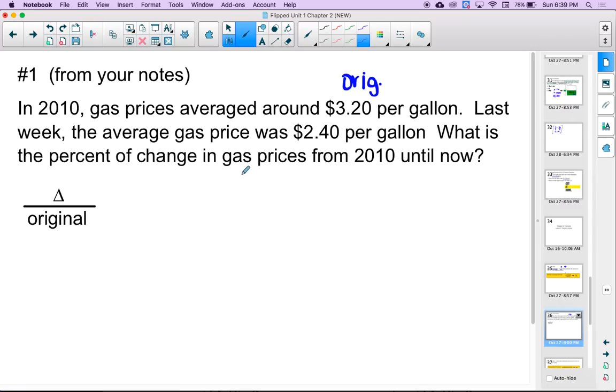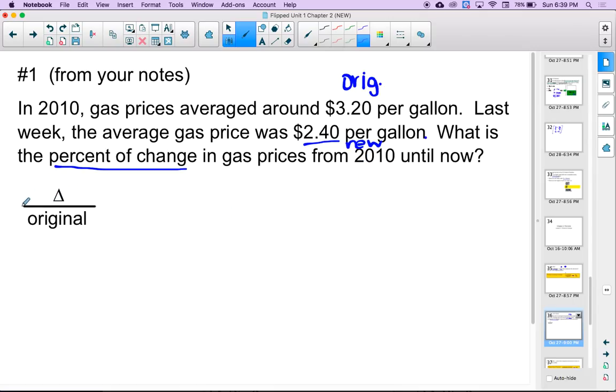Last week, the average gas price was $2.40 per gallon. So original amount was $3.20. Our new amount was $2.40. And we are trying to figure out the percent of change.